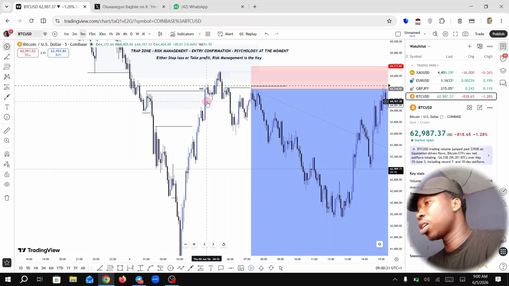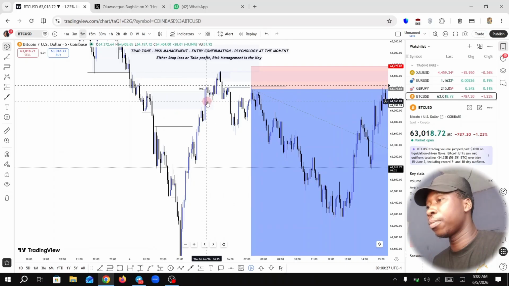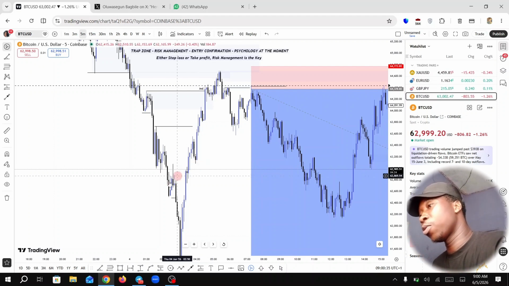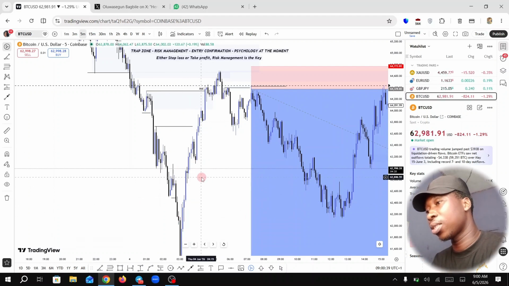But there's something I want you guys to always remember: the higher time frame always controls the lower time frame. The only place where the lower time frame will be an issue to you is if it is a trade zone, meaning that the market has not tapped the POI. Let's say on the lower time frame there is a change of character here that the market did not respect.